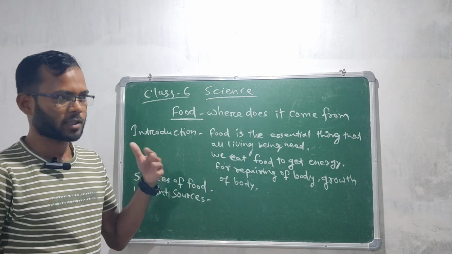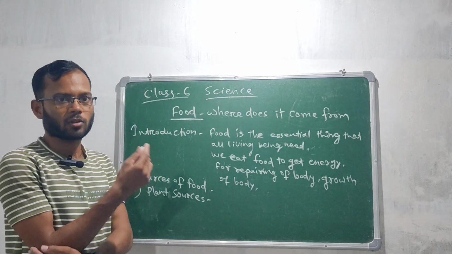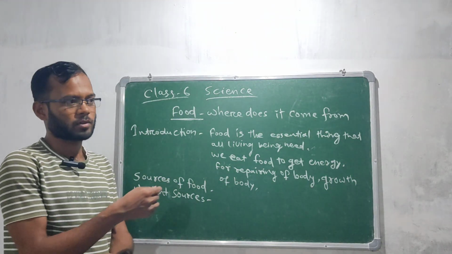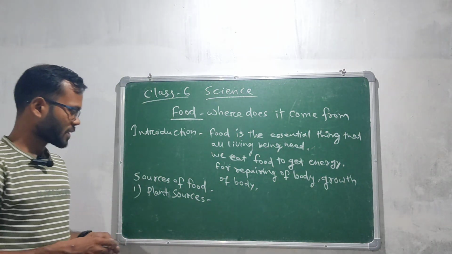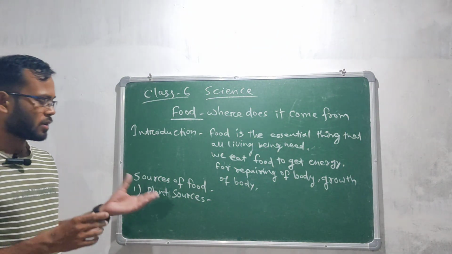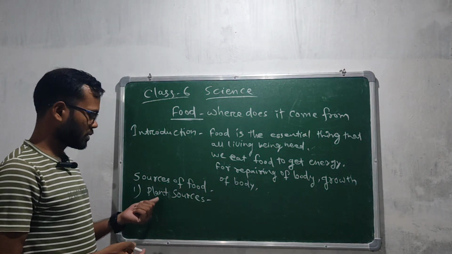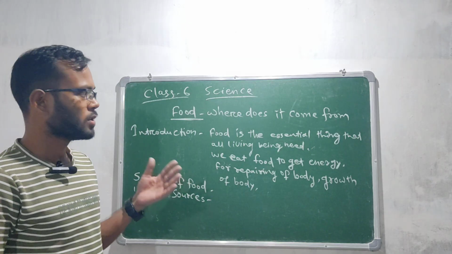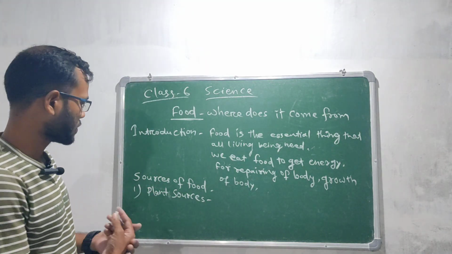With sunlight they need carbon dioxide and water, and with the presence of chlorophyll pigment in the leaves they prepare their own food by the process known as photosynthesis. We are going to discuss all these things in the next chapter. Right now we just need to know that plants make their own food, and that's why they are also called autotrophs.